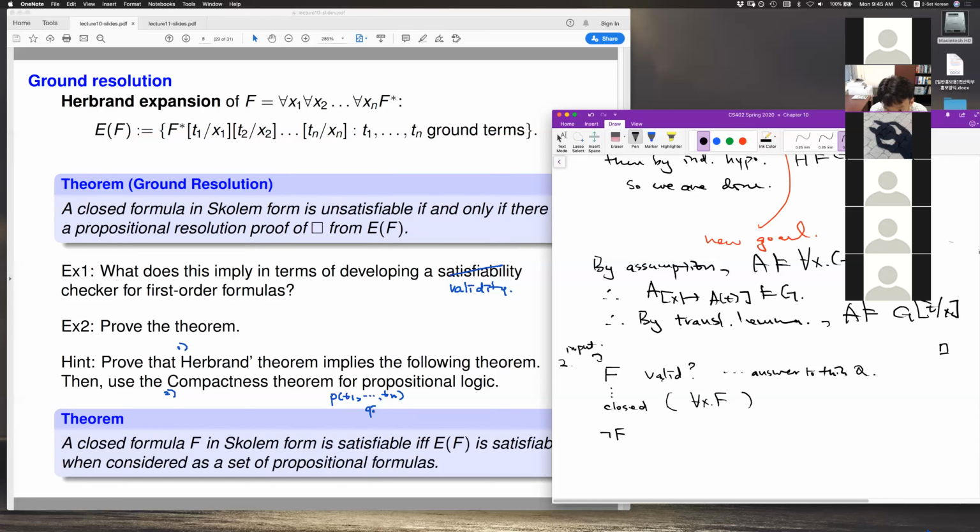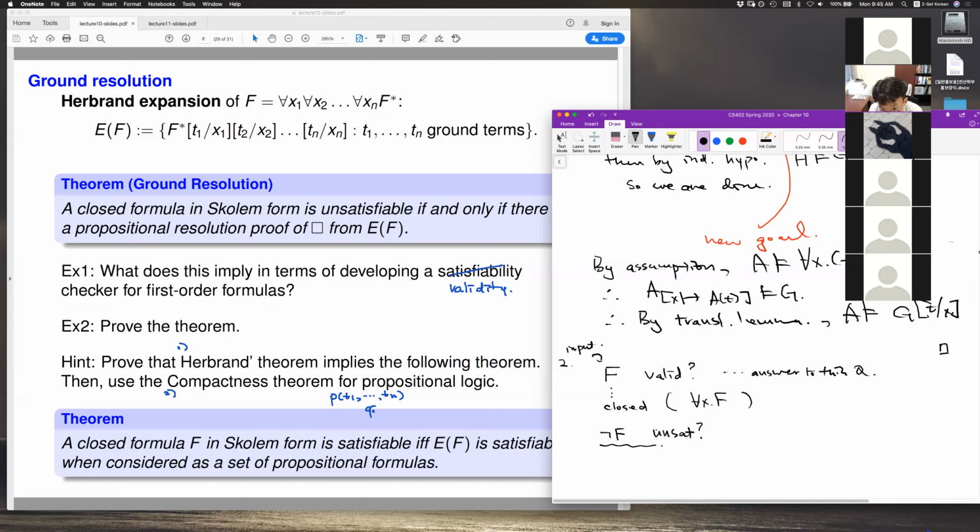Then checking f is valid is the same as negation of f being unsatisfiable. Intuitively, validity means that it's true all the time. Negation of f being unsatisfiable means that we don't have any counterexample of f. So f is true all the time, and that's exactly the same thing as f not having any counterexample. So these two things say exactly the same thing.